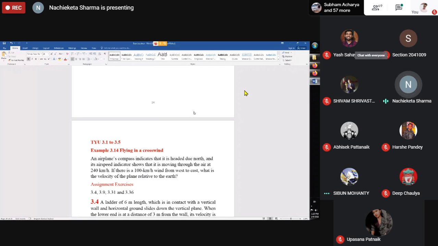So the aeroplane's speed with respect to air is 240 kilometer per hour. If there is a wind blowing from west to east at a speed of 100 kilometer per hour, what is the velocity of the plane relative to the earth?